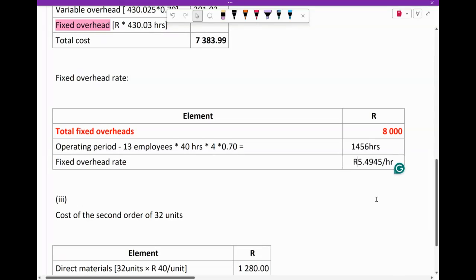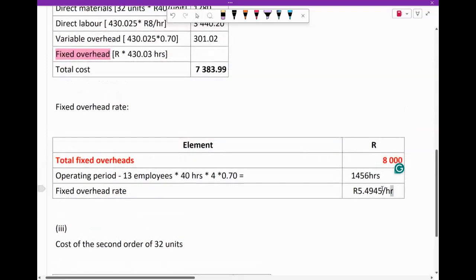Okay, and then just to reiterate, what are we calculating? We want to apportion our fixed costs to this order. We take the 5.4945 times the 430. Exactly. That's exactly it. Okay.